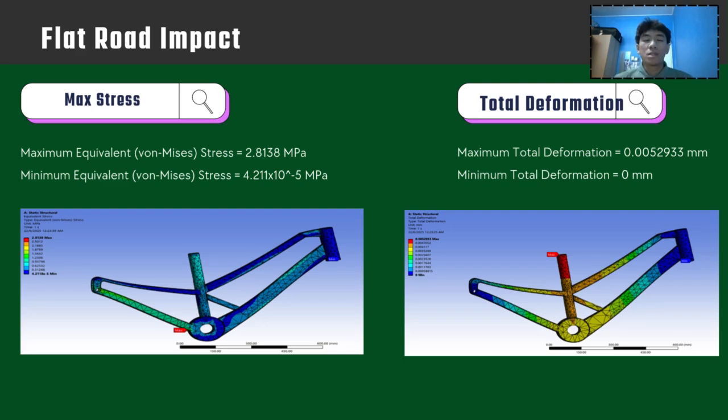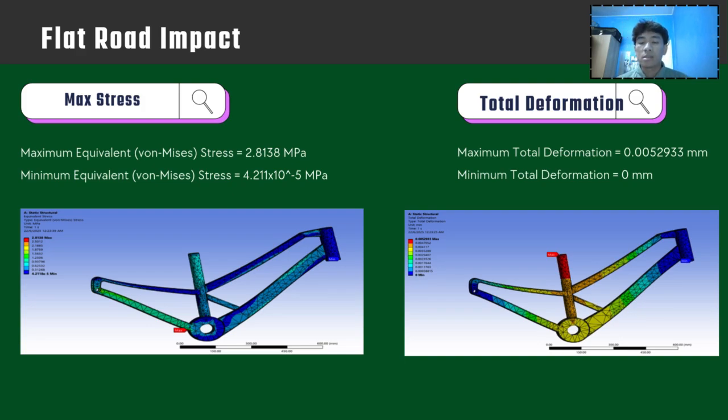Hi, my name is Ishraq Wajdi bin Shauqi and I'll present the flat road impact. For the max stress for the flat road impact, the maximum equivalent von Mises stress is equal to 2.8138 MPa, while the minimum equivalent is 4.211 times 10 to the power of negative 5 MPa.